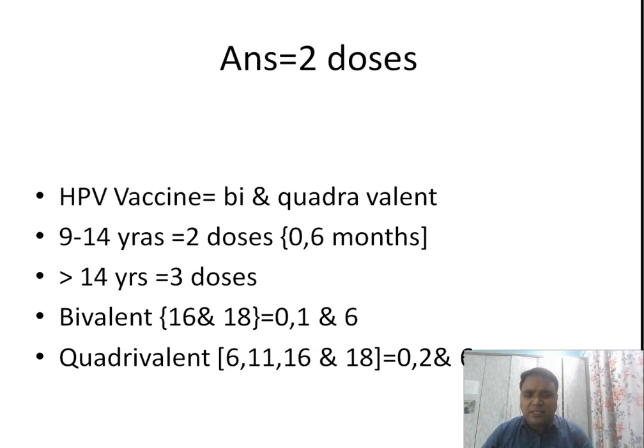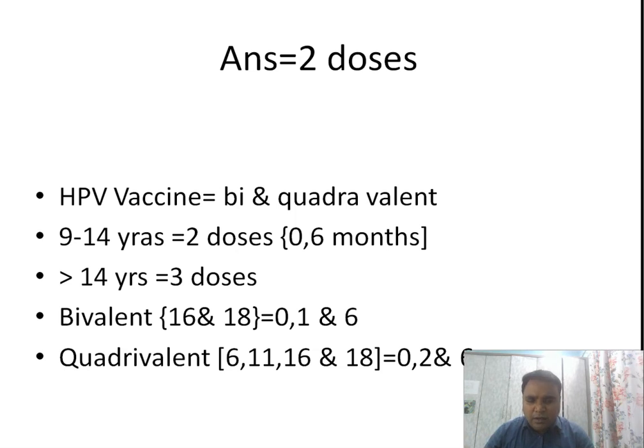Catch-up vaccination, as per IAP: if the age of the girl is between 9 to 14 years, then 2 doses are sufficient, given at 0 and 6 months. If the age is more than 14 years, then 3 doses are needed, either 0-1-6 or 0-2-6 depending on the vaccine.